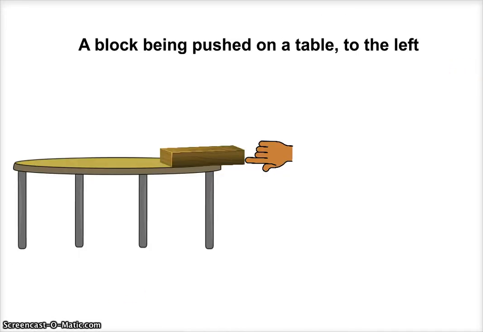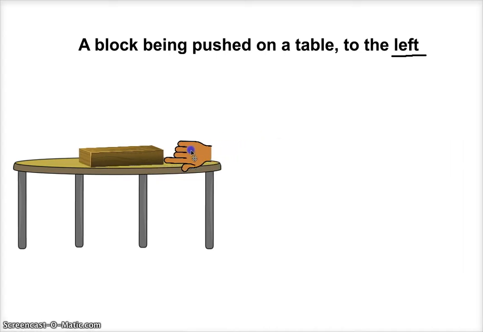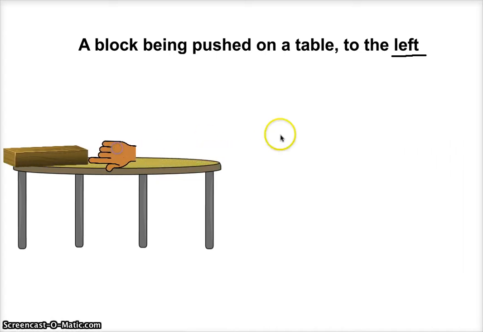Okay, next situation. This time we have a block being pushed on a table to the left. So again, we want to pay attention to what direction it's going on and the fact that it's sitting on some sort of table. So we have our block being pushed to the left. So we're going to bring in our box again. We're going to draw gravity, and we're going to draw norm.